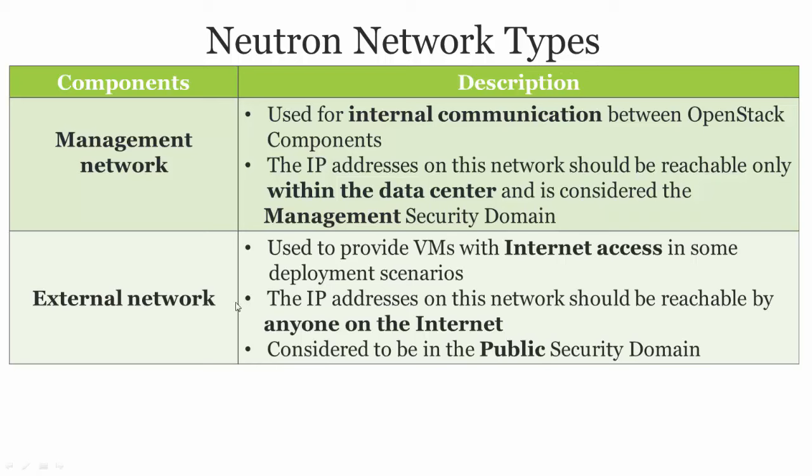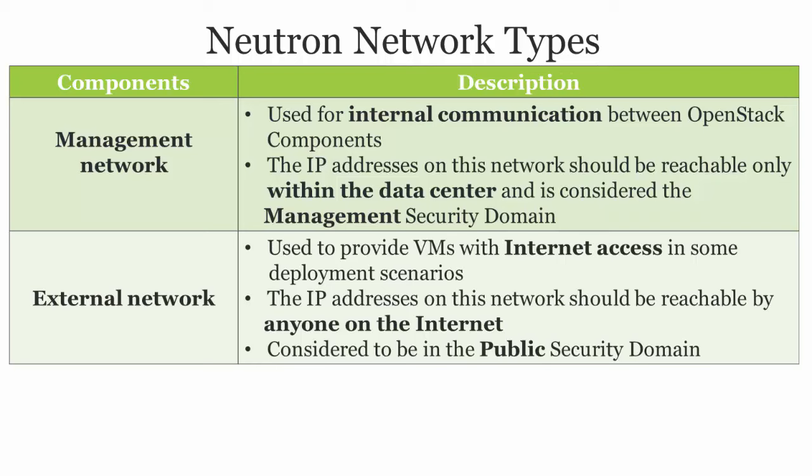External network is used to provide the virtual machines with external access in some deployment scenarios. I already told you, a virtual machine at first will receive private network addresses without connection to external access.